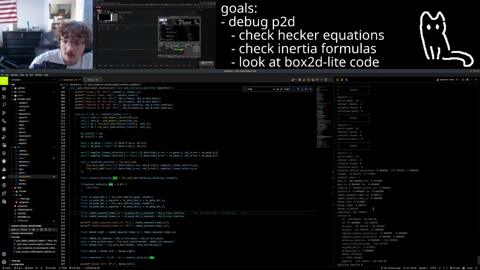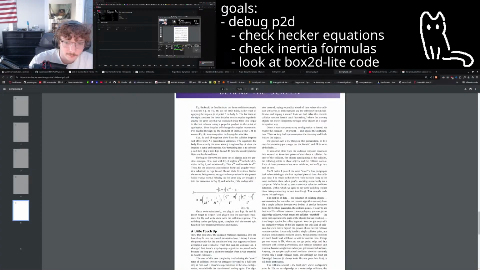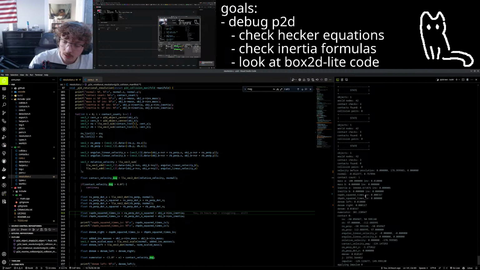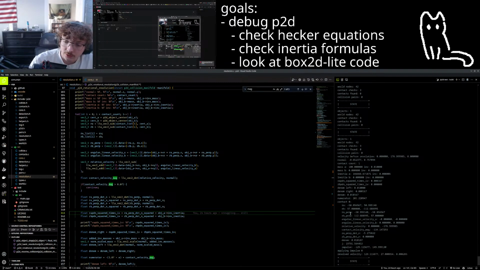So that decays. And then the denominator right is that RA perpendicular squared. It also includes the RB, but the object's static, so it doesn't count. That all looks generally good. The numerator 201, I think I already looked at that. So it's giving us an impulse of like 20,000.